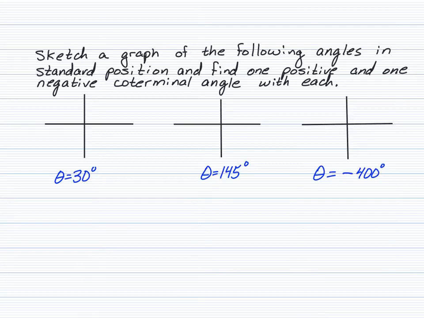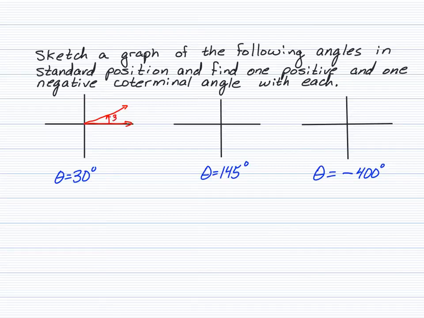All right, so this problem says to sketch a graph of the following angles in standard position and find one positive and one negative coterminal angle. All right, so if we start with our 30-degree angle, here's our initial side, and then our terminal side would be about right here.